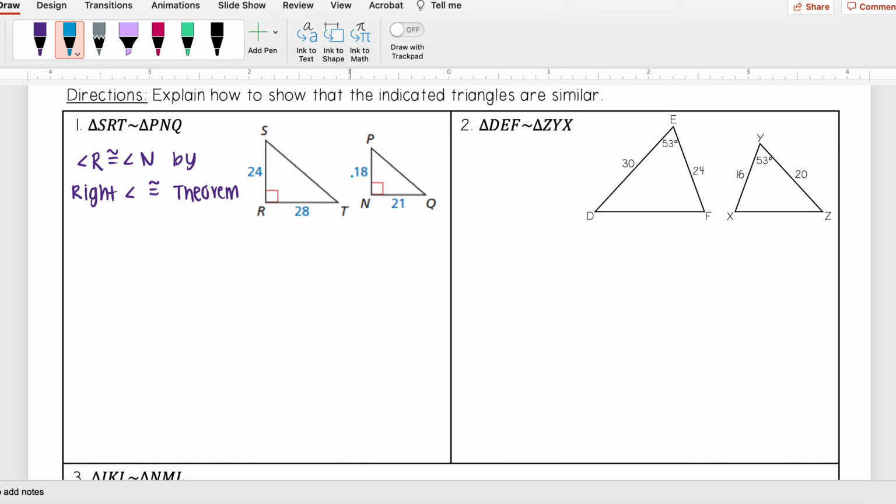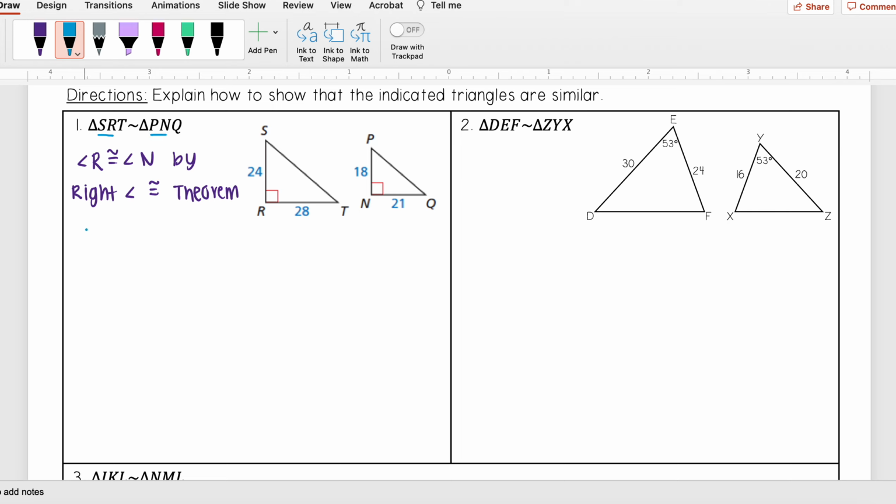Now I need to see if my sides are proportional. So I'm looking to see if these fractions end up equaling the same thing once I reduce my fractions. And so I see that, looking at my similarity statement, SR is similar to PN.